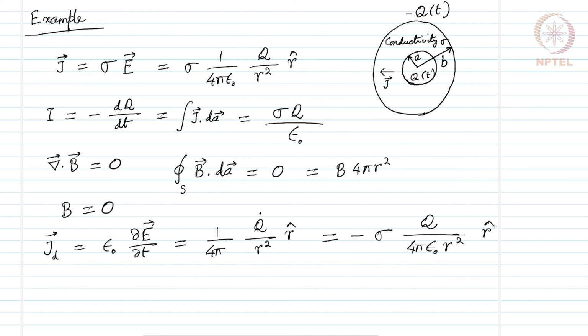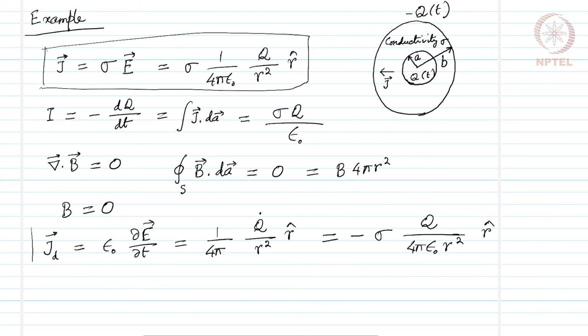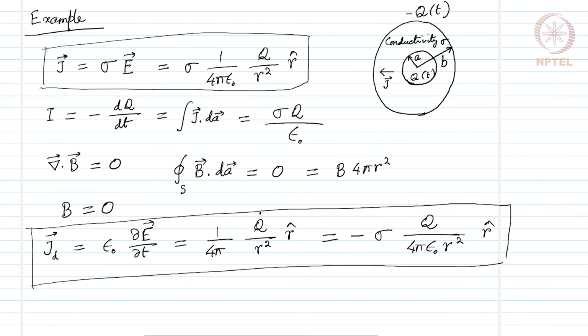So, the displacement current density is exactly equal and opposite to the real volume current density that we calculated earlier. Compare these two equations, and that tells us why there is no magnetic field. The displacement current exactly cancels the conduction current, and therefore we expect no magnetic field in this example.